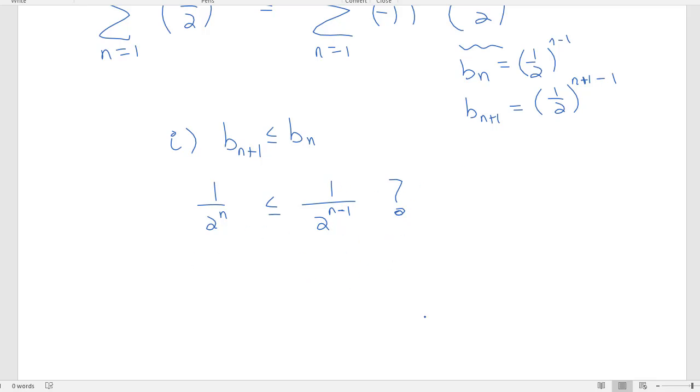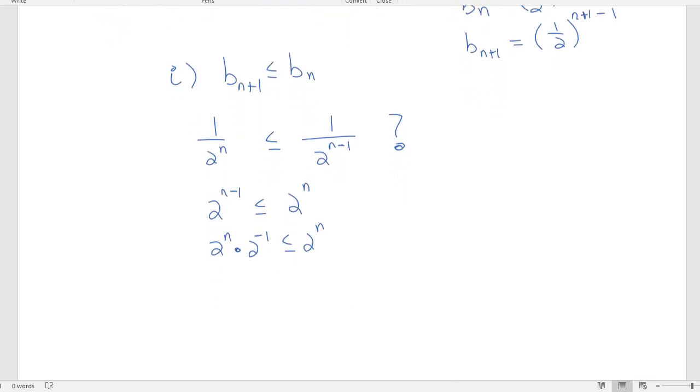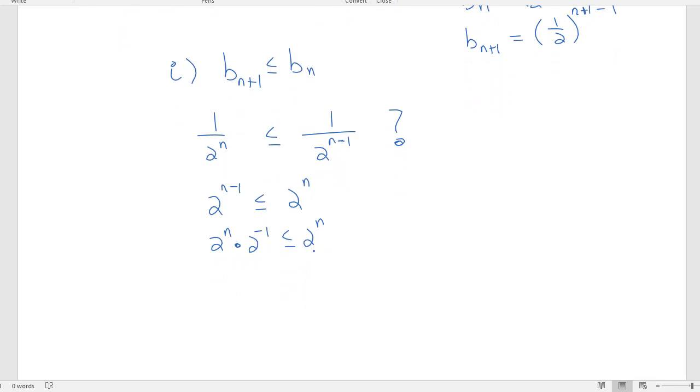So that's definitely true. And I could take that same approach that I did back in the direct comparison test. I could multiply both sides by the common denominator and get to this statement. I should see that that's true as well. If that's not obvious, I could break up that exponential in that manner and get to this statement, and then I can divide both sides by 2^n.